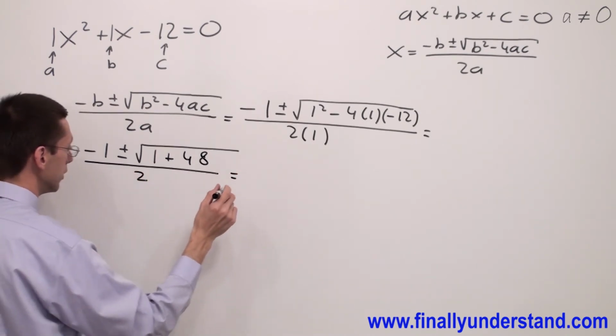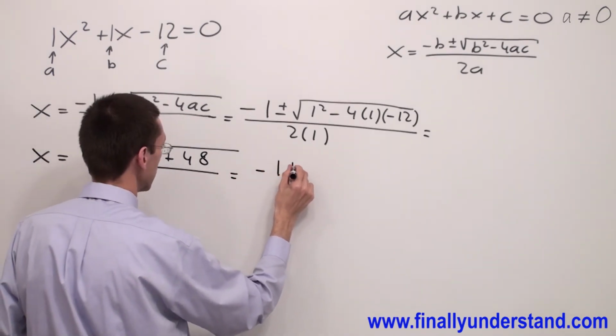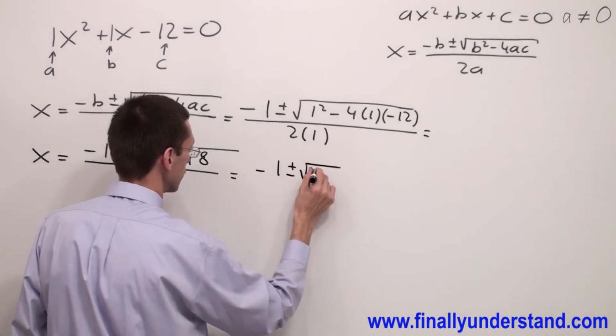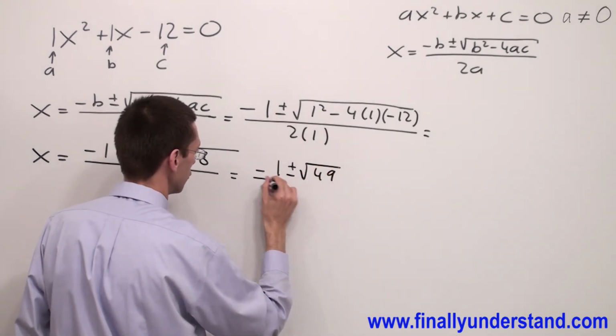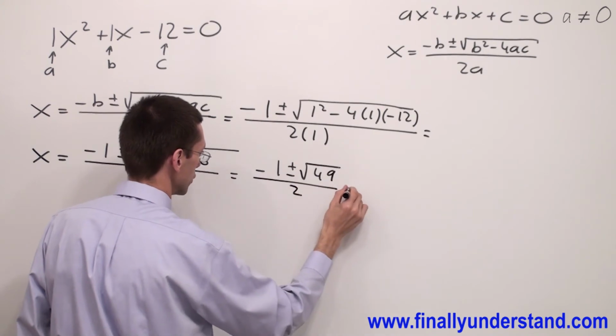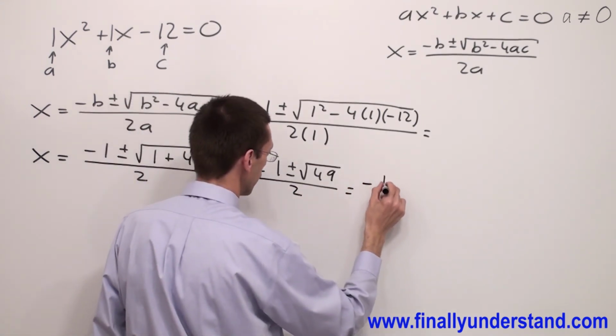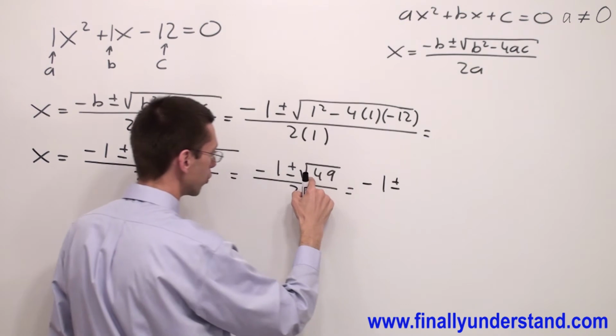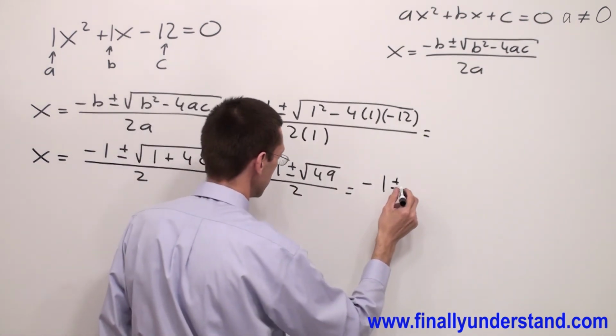This is equal to negative 1 plus or minus the square root of 49, over 2, which is equal to negative 1 plus or minus the square root of 49, which is 7, over 2.